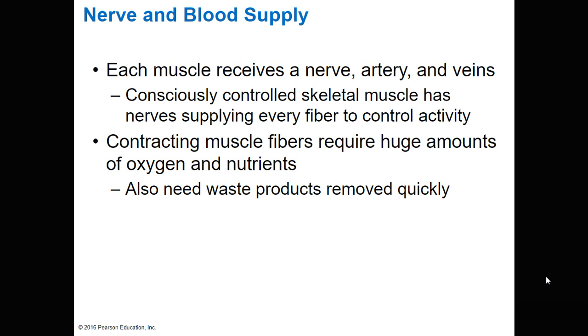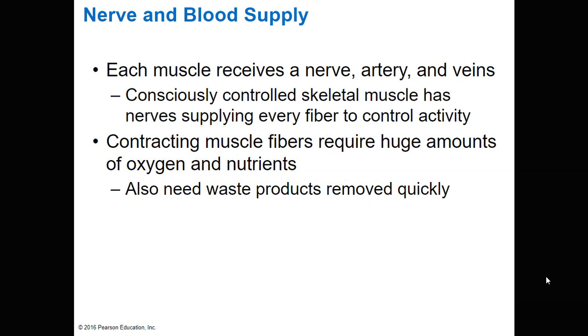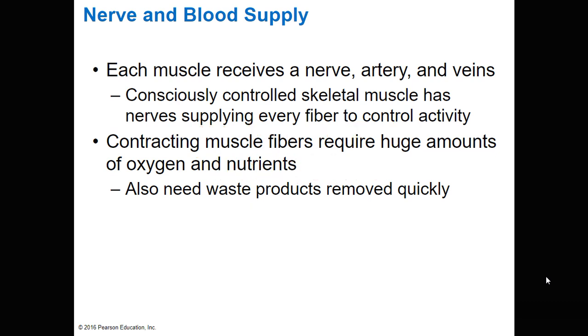So again, we can consciously control skeletal muscle, so it has nerves supplying every fiber to control the activity. And when skeletal muscles contract, they're going to require huge amounts of oxygen and nutrients. So that's why you need the blood supply, and you also need to get rid of waste products.